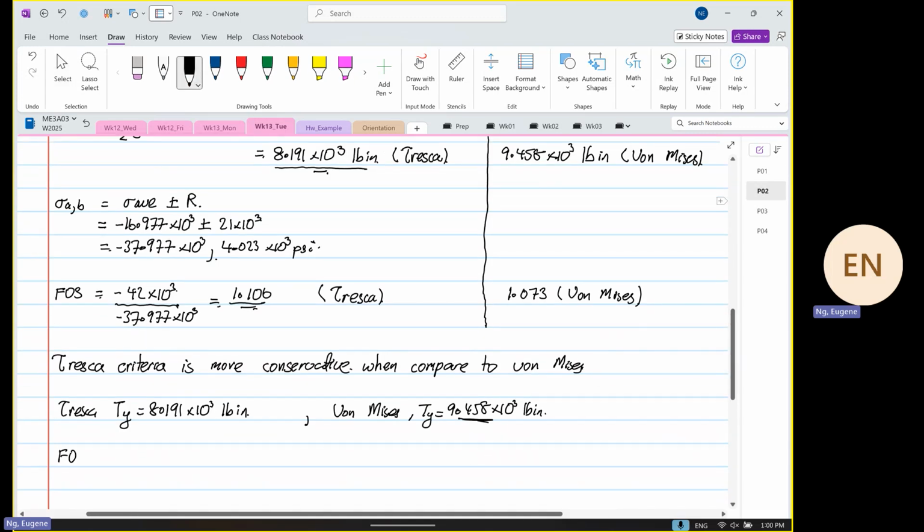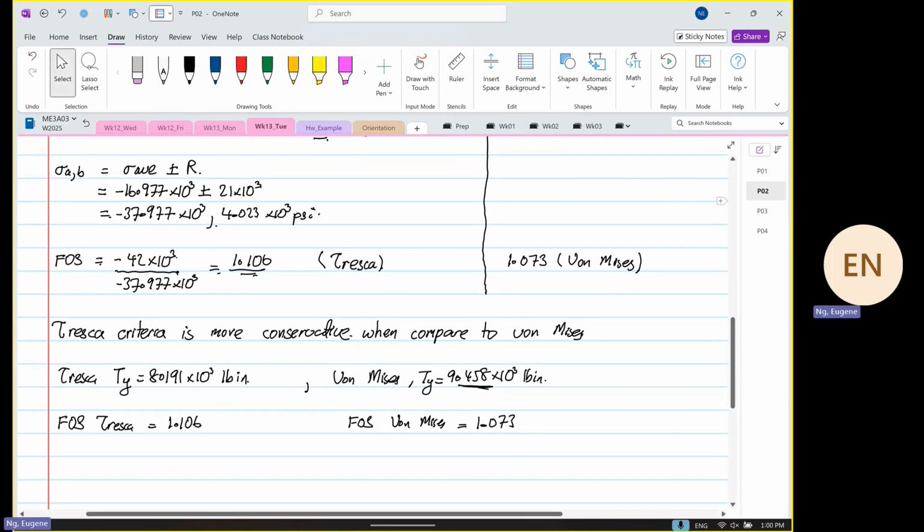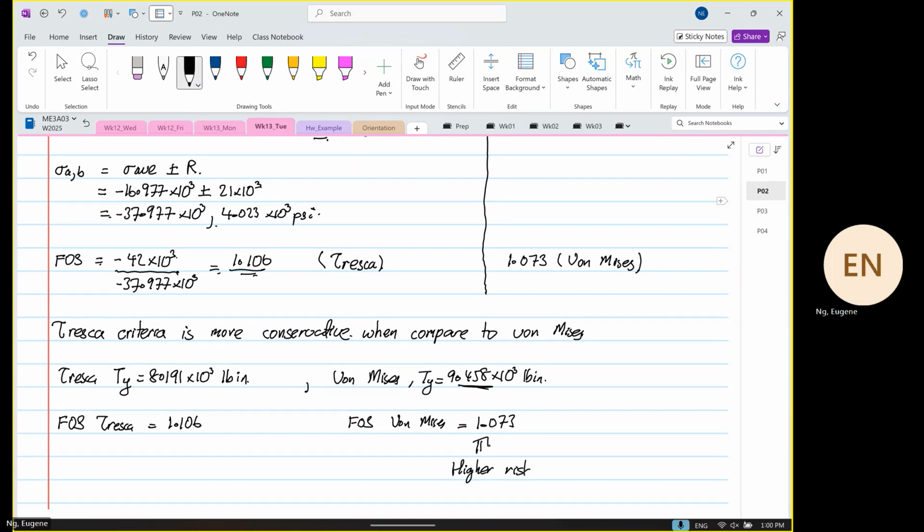The factor of safety for Tresca is 1.106, and the factor of safety for von Mises is 1.073. So this one is what? Higher risk.